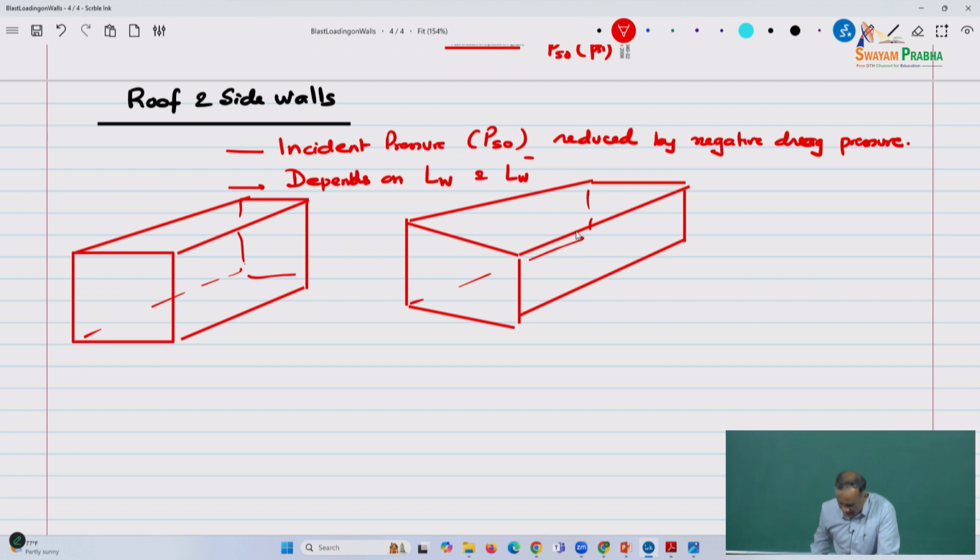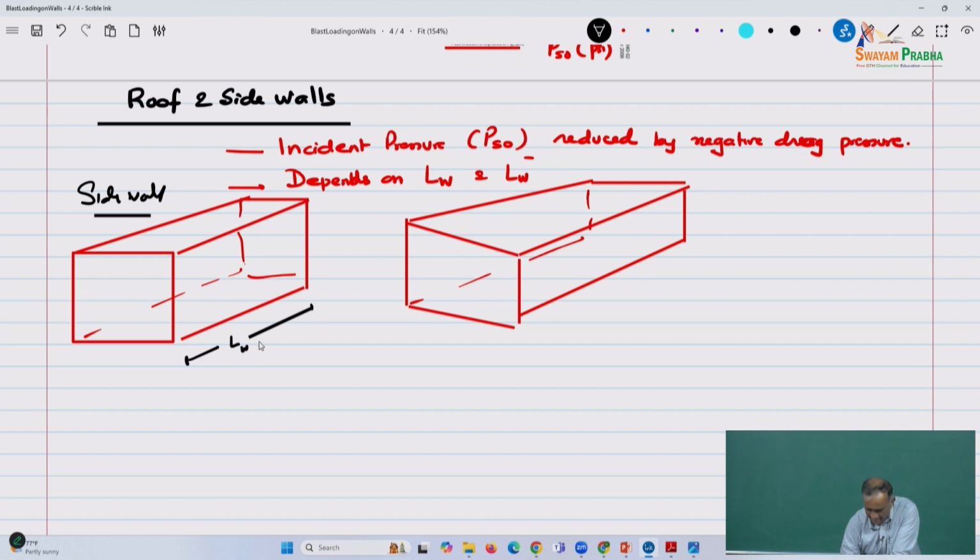So if you are looking at the side wall, this is your LW. Same thing here, LW. Now side wall, as you know, you will have a certain PSO1 here. At this point you will have a certain PSO, let's say PSOF and PSOB. Why?